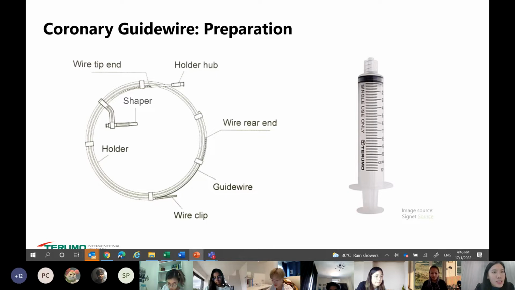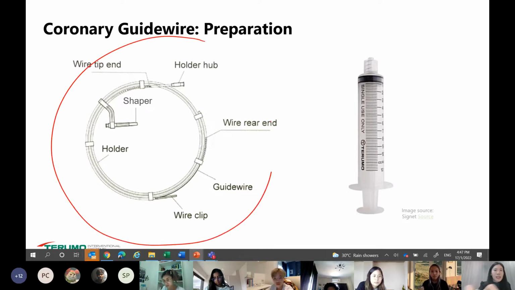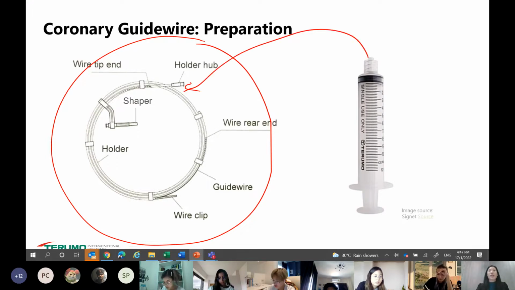Preparation of this guide wire is a bit more complex because, as you can see from this image, there are a lot of attachments. But the holder hub is where, as with other devices, you inject your saline with heparin to wet the device. When you push, this is the wire rear end, which is the stiffer part.